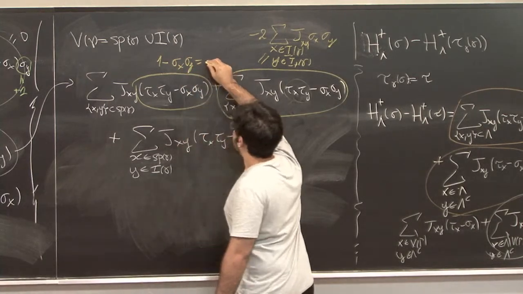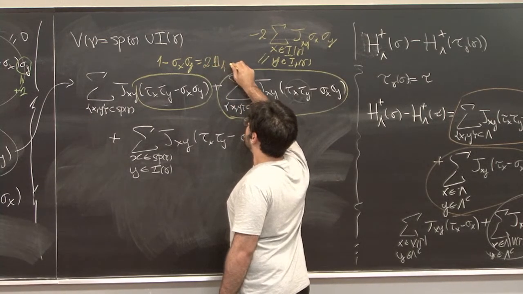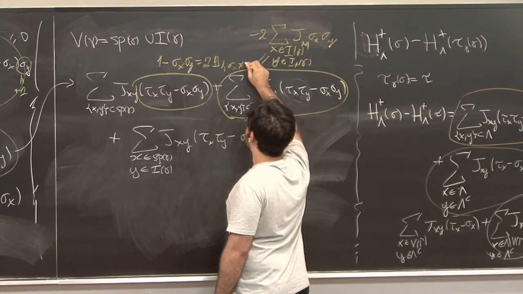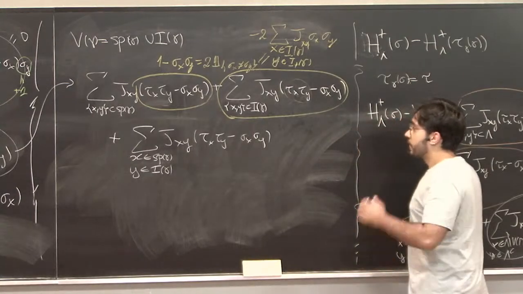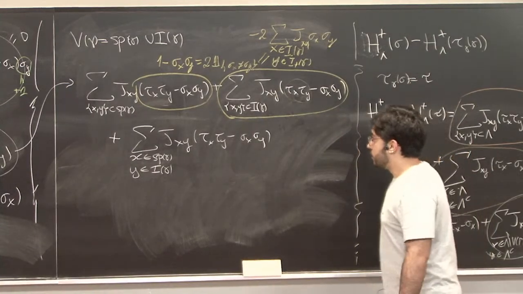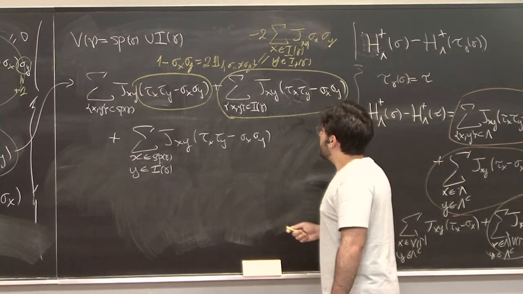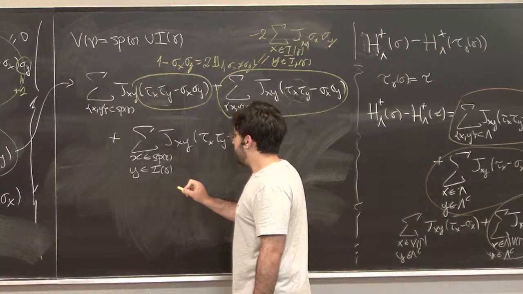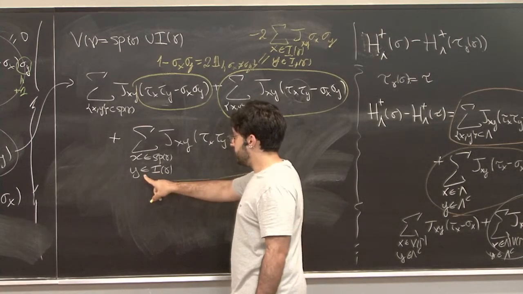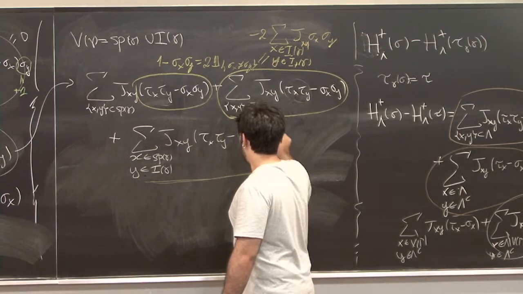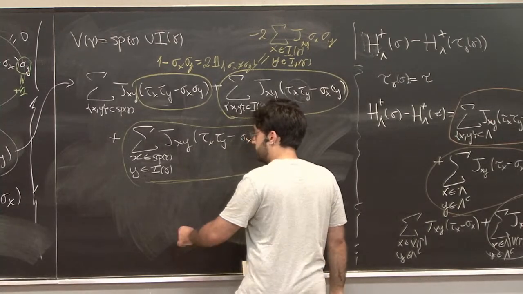And then I can write it as a characteristic function, 2 times the characteristic of sigma x different from sigma y. This will also be important. And then what happens to this term right here will depend on what part of the interior y is.